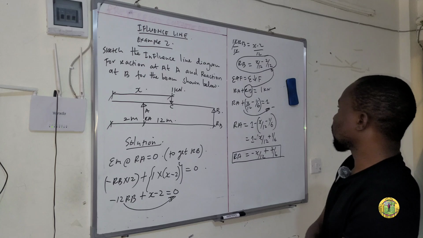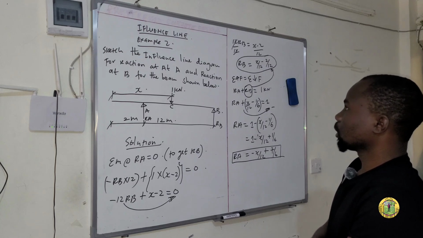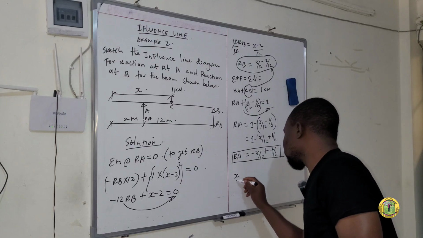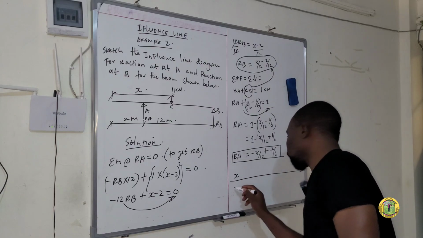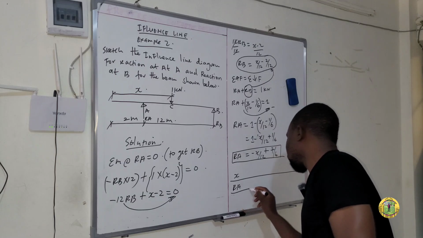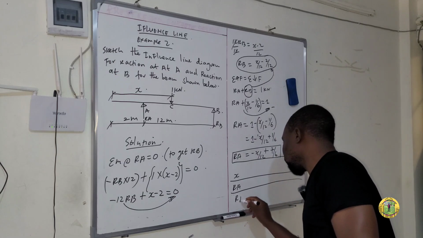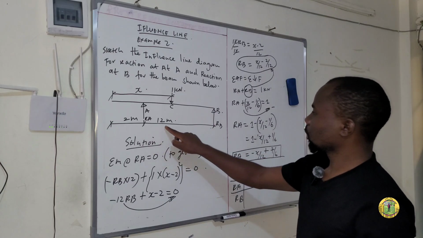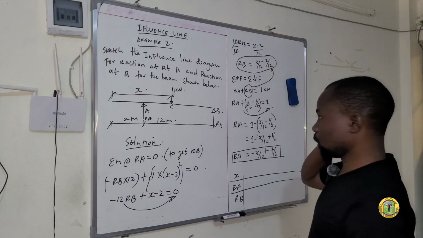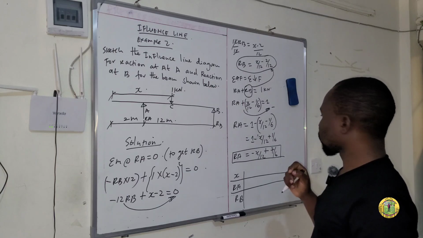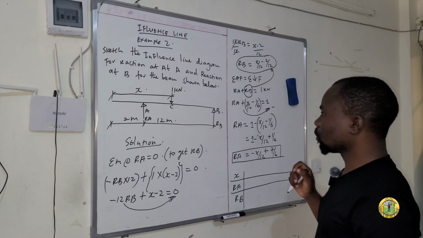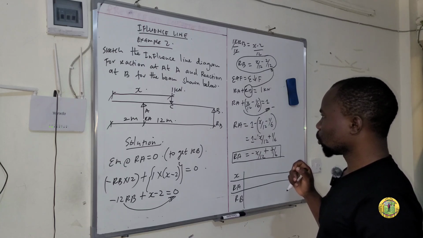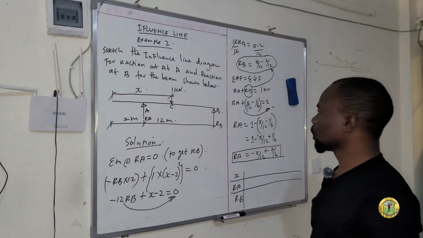Now we can determine the coordinates for reaction A and reaction B. So we have x, and we have RA and RB. The distance is 2 plus 12, so this is 14. We can have a span of 2 each. So 14 divided by 2 is 7.